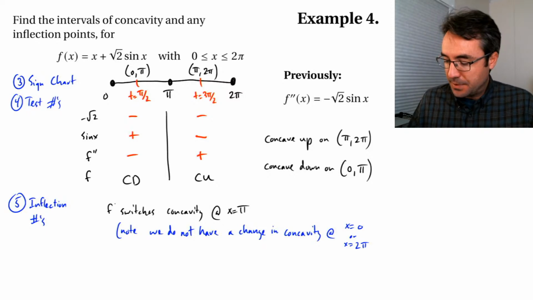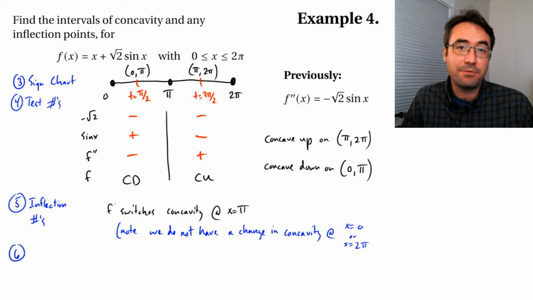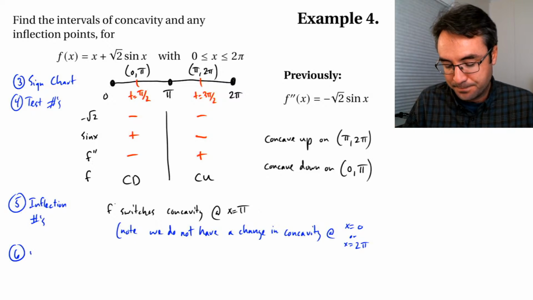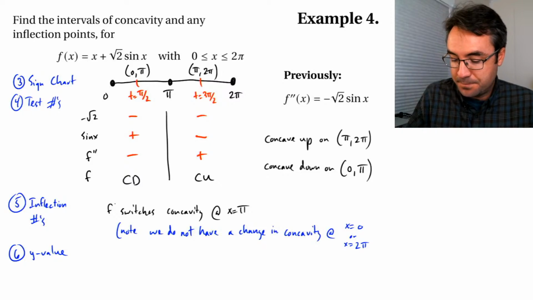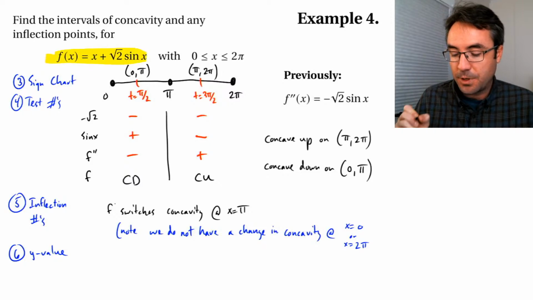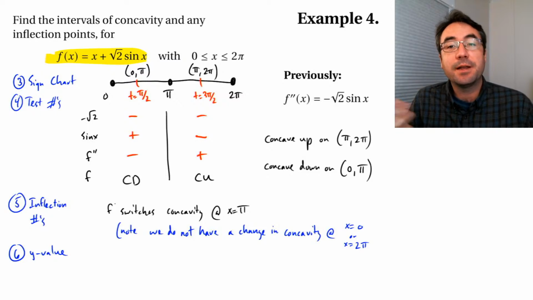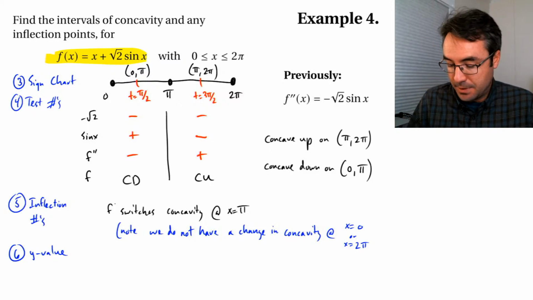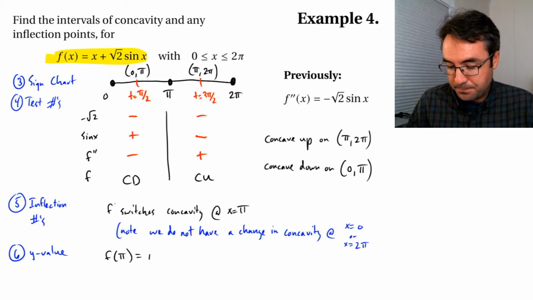All right, so we found the inflection number. So the very last step then is to figure out the actual y value of our inflection point. So we go to our original function, right there, x plus square root 2 times sine x, and we plug in our inflection number. So we're going to evaluate our original function at x equals pi, and we get, what do we get?